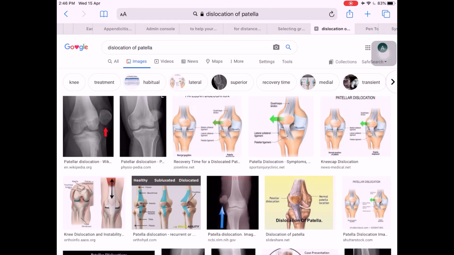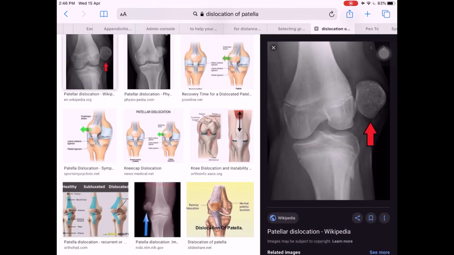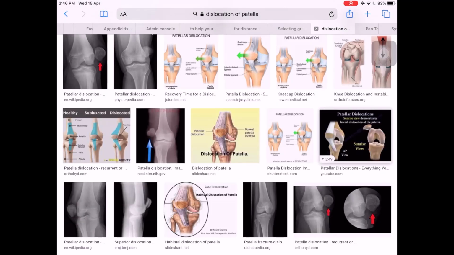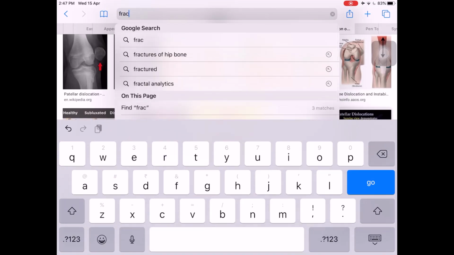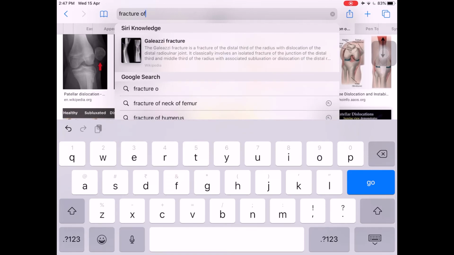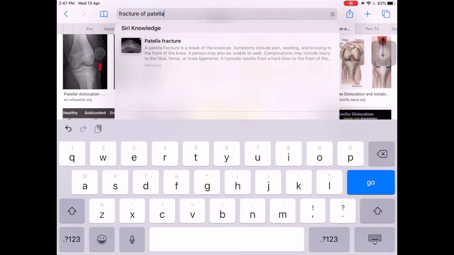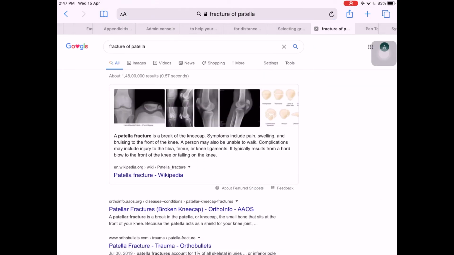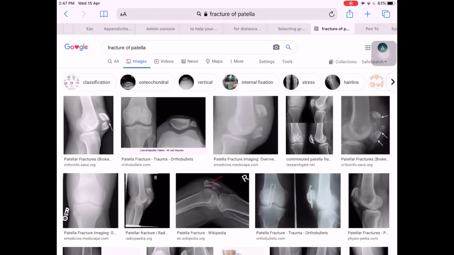This is a simple thing. I'll take this image. Then we can even look at fracture. So the fracture of patella, if you see, this is the side view. We can see there's a transverse fracture.